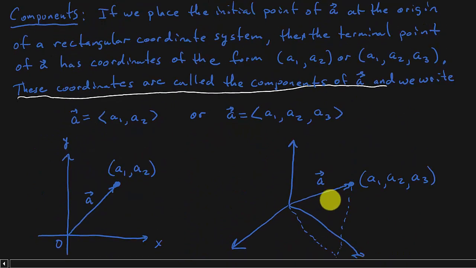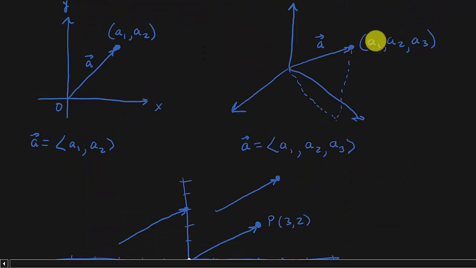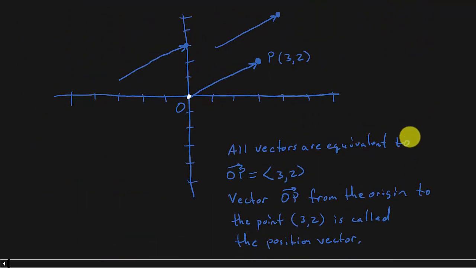It said if the terminal point is at (A1, A2), then we can write this vector as ⟨A1, A2⟩, with the angle brackets. And that's what we did here. Vector OP goes from the origin to the point (3, 2), and this is called the position vector.